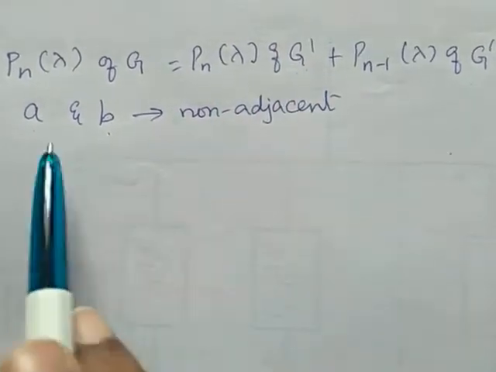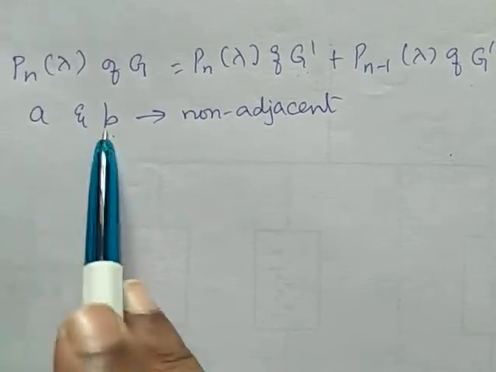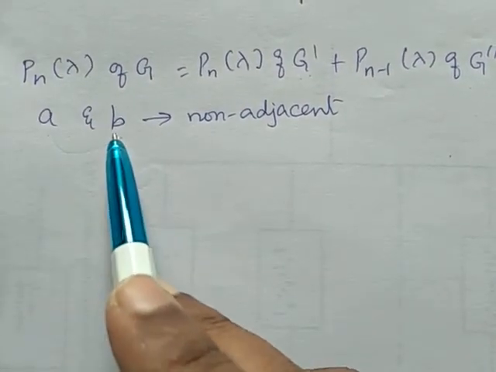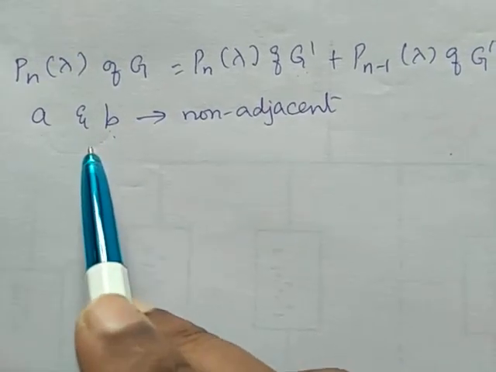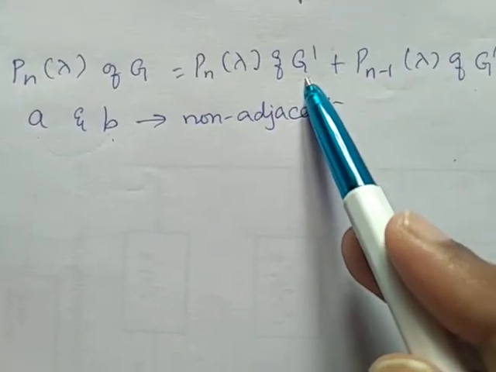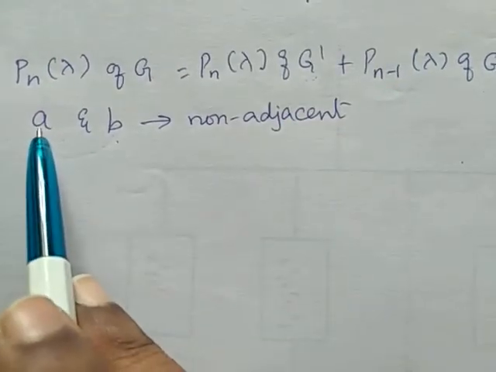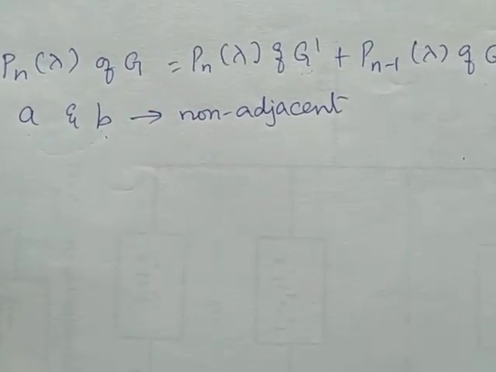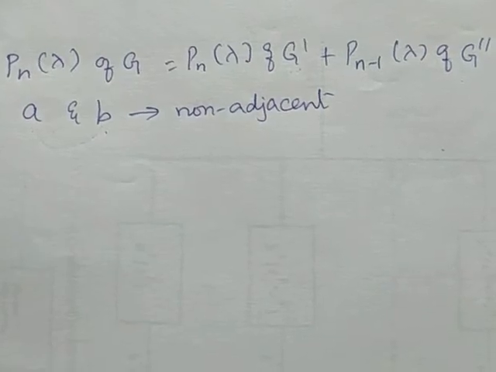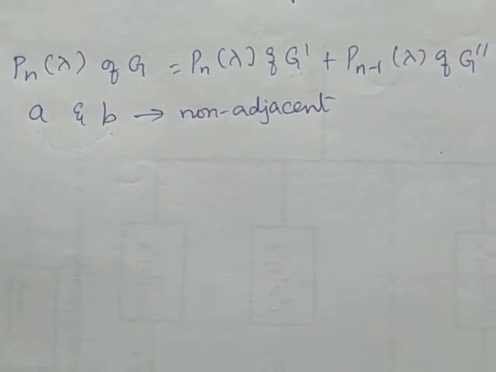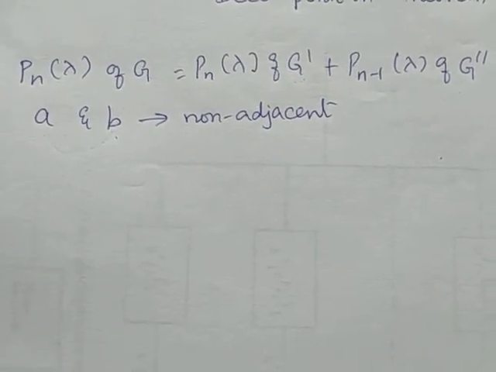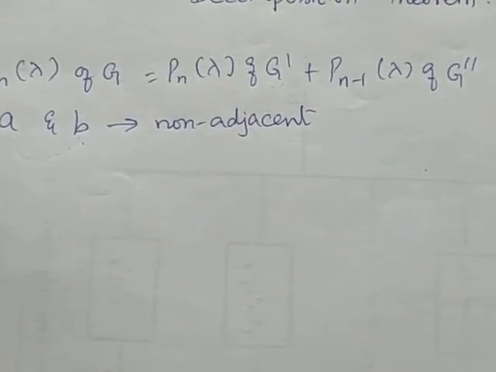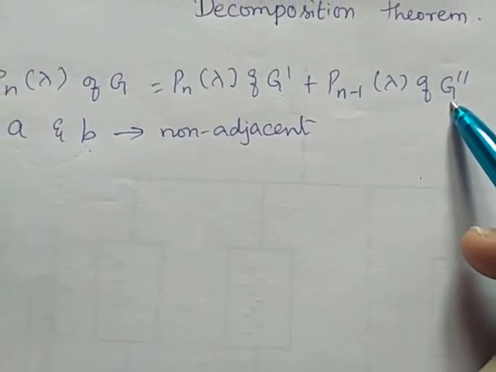Is it clear? A and B are non-adjacent vertices in G. We are going to add an edge between A and B. That graph is denoted by G dash, and we are going to merge A and B into a single vertex. And whatever parallel edges we are having, we will replace those parallel edges with a single edge. That resultant graph is G double dash.